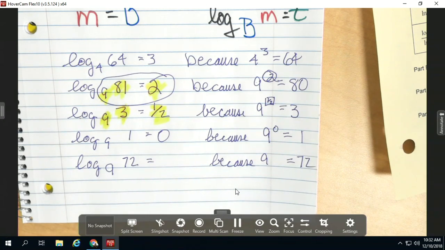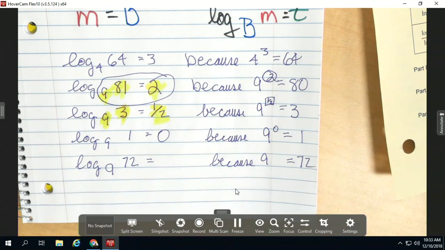So 1.8 is a little bit too small. So 9 to the 1.95, he says, is 72.57. So would you agree that's a teensy bit too big?